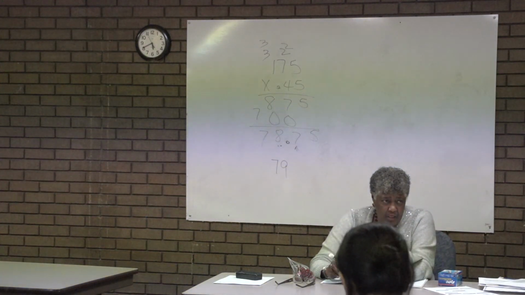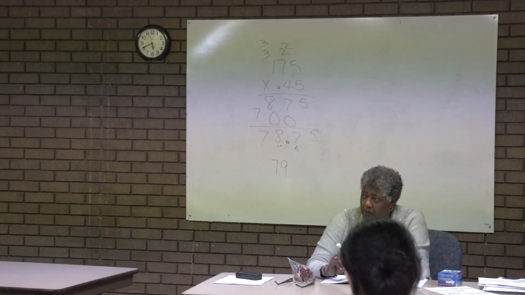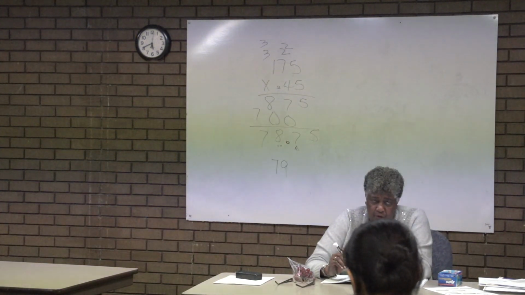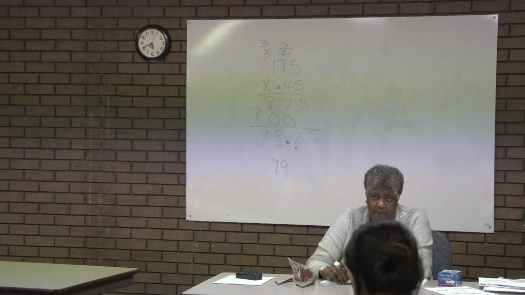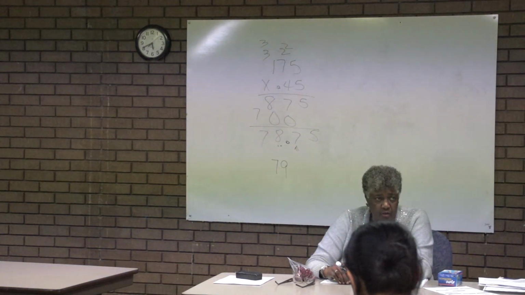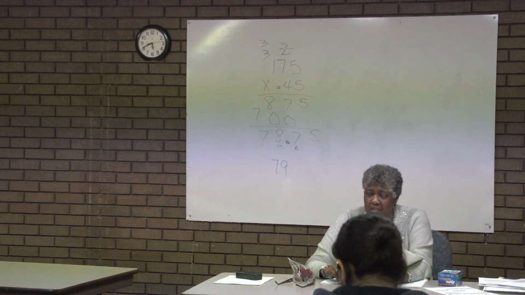You have to put that problem-solving thought to it before you just start running the math on it, because the math can mess you up sometimes when you're not really sure. But if you think about it first, you'll know at least that can't be the answer.